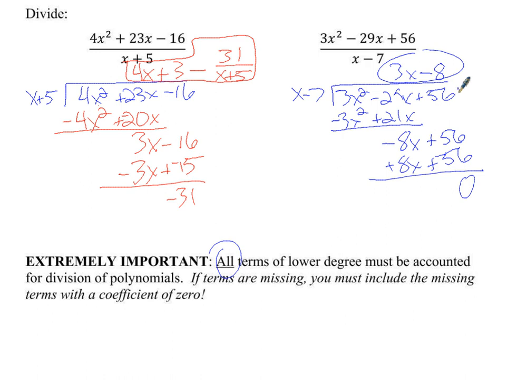So I have the second degree term, I have to have the first degree term, and I have to have the constant term. If they're not there, then I have to include them with a coefficient of 0. So if there was no x term, I'd have to write 3x squared plus 0x plus 56. Every term has to be here. Otherwise, your division process will fail.